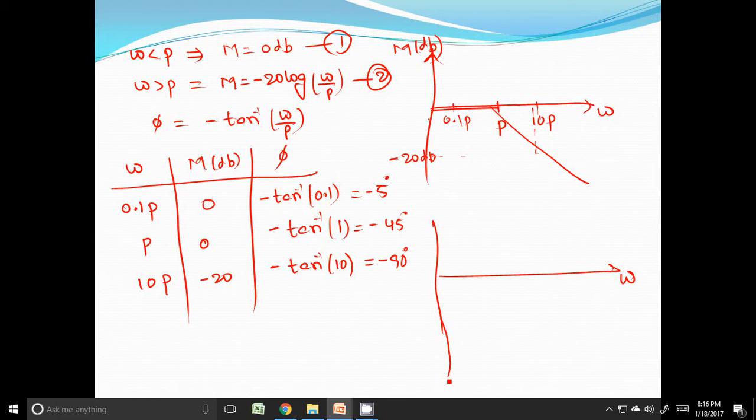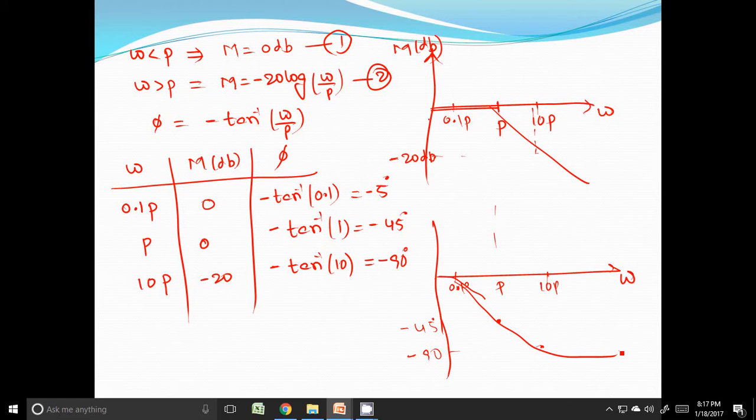At p, the phase is minus 45 degrees. At 10p, the phase is reaching approximately minus 90 degrees, and at 0.1p, the phase is minus 5 degrees. So the phase function is like this.